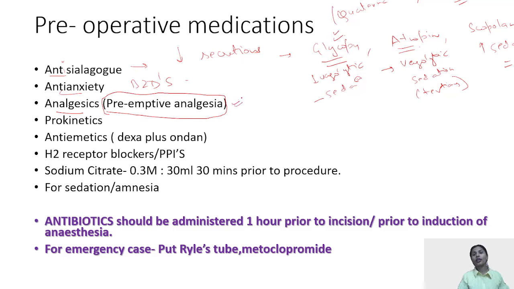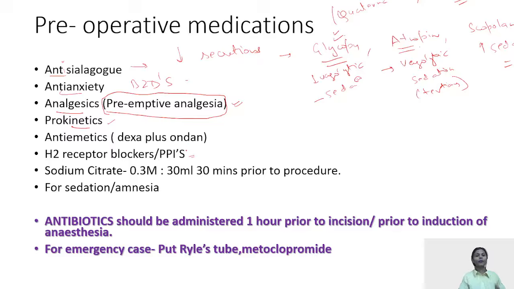Kindly remember the term preemptive analgesia, in which analgesic drugs like opioids or NSAIDs can be given before the surgical incision, and it has been shown to decrease the analgesic requirements intraoperatively. Then your prokinetics like metoclopramide, antiemetics like dexamethasone, ondansetron, or your H2 receptor blockers and PPIs.